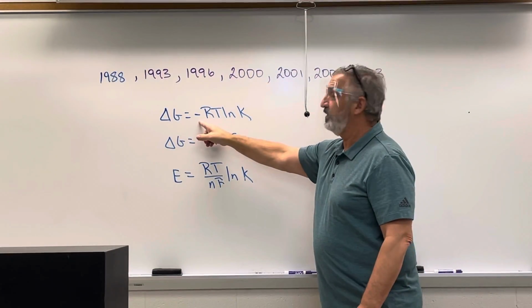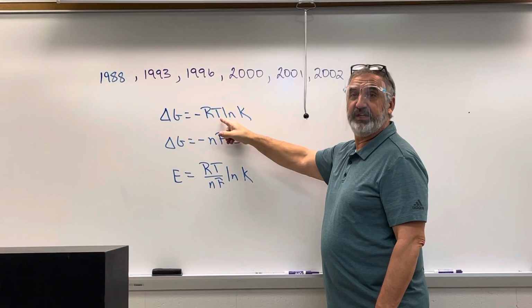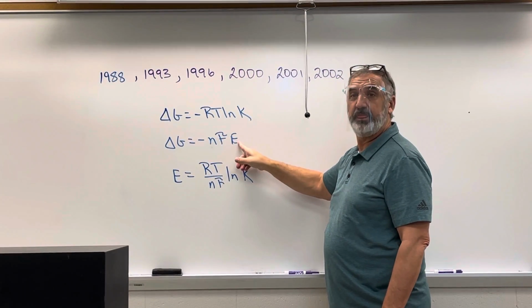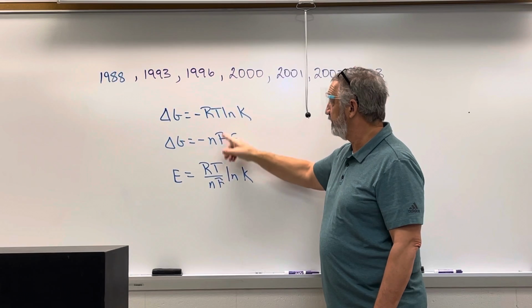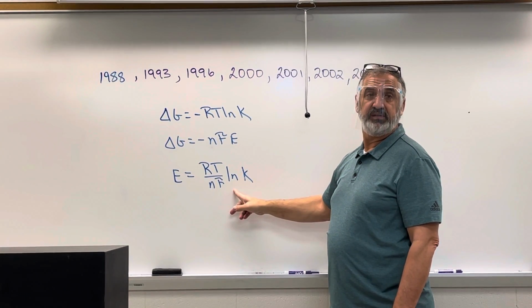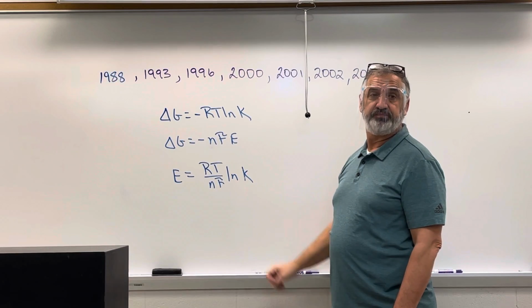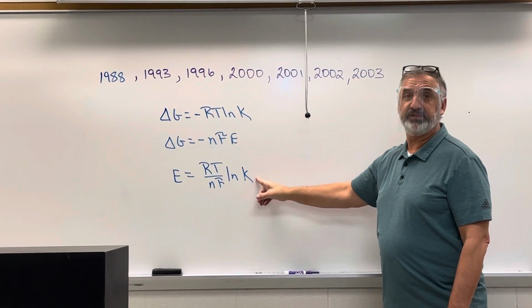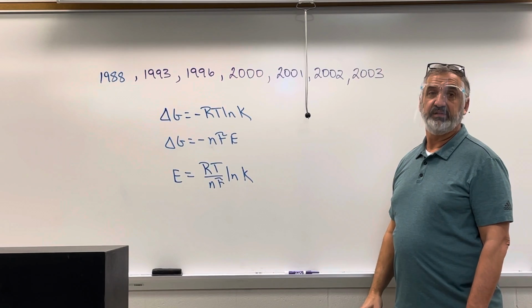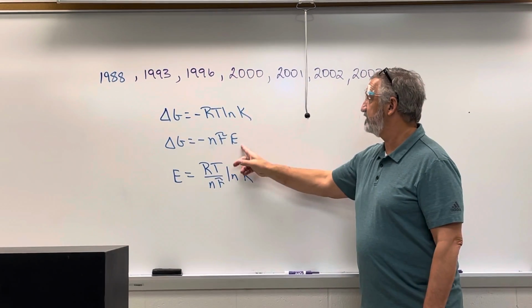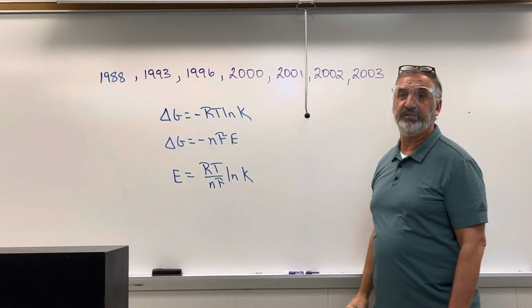Delta G is equal to negative RT natural log K. Delta G is equal to negative nFE. If you set these two equal to one another, E turns out to equal this. These two are on the equation sheet. This one is not. But again, it's just these two things set to each other.